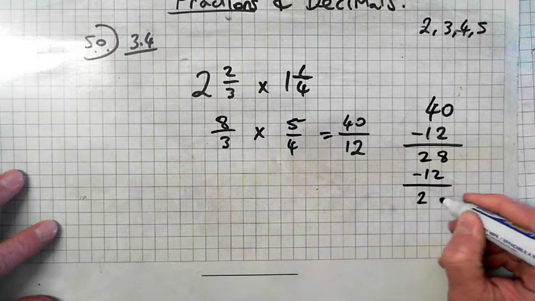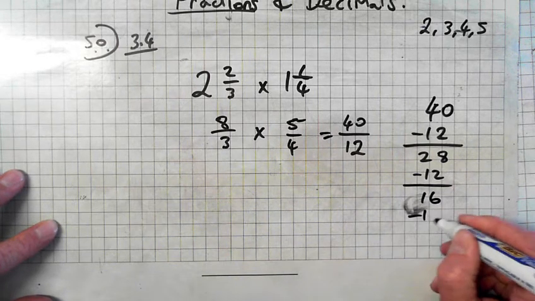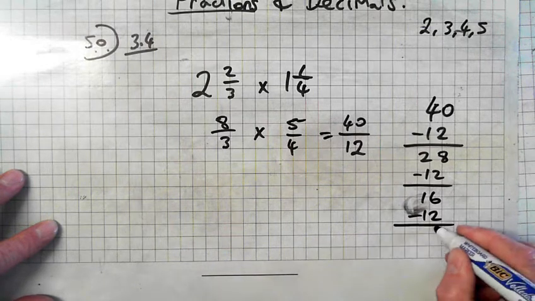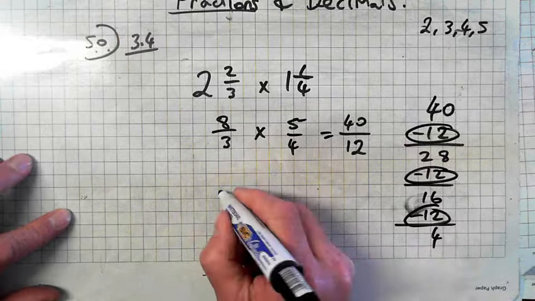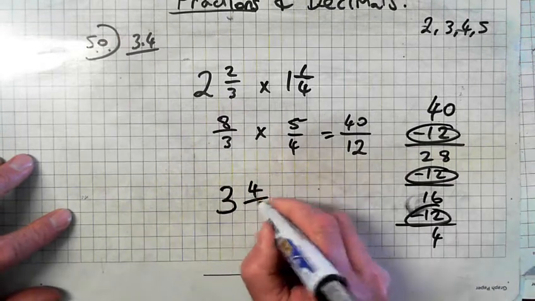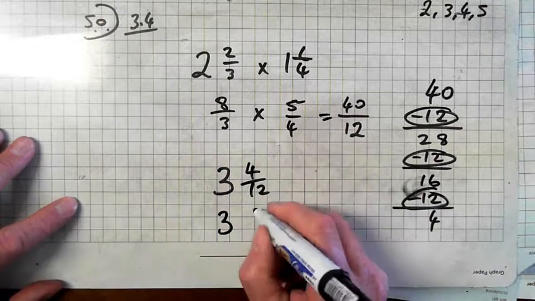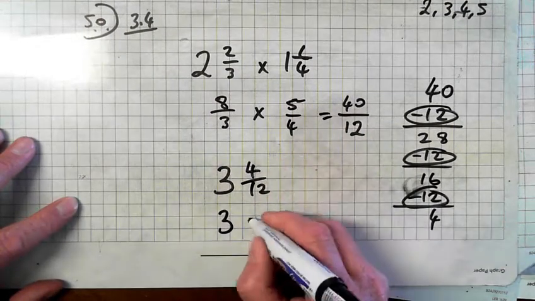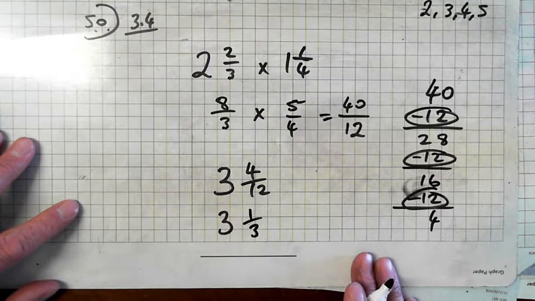What do we get? Can I subtract 12 again? Yeah. What's left? 4. How many times did I subtract 12? 3 times. 3 and 4 remaining, 4/12, which is 3 and divide by 4 above and below, 3 and 1/3. Okay, did you understand that?